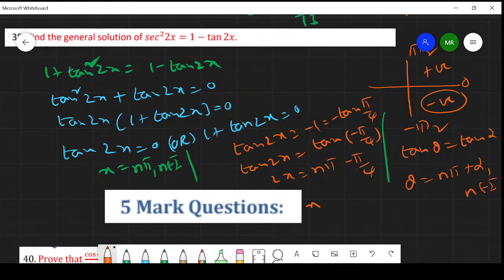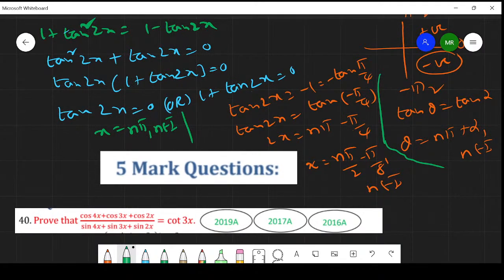Now see, you transfer 2 to that side, x is equal to n pi by 2 minus pi by 8, where n belongs to I. You should remember here, n pi by 2 minus pi by 8, comma, n belongs to I. That is your general solution.